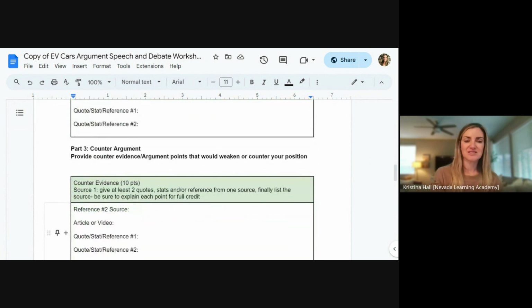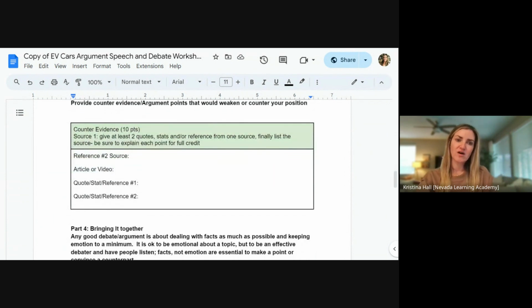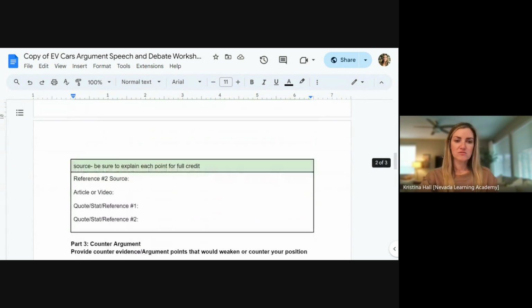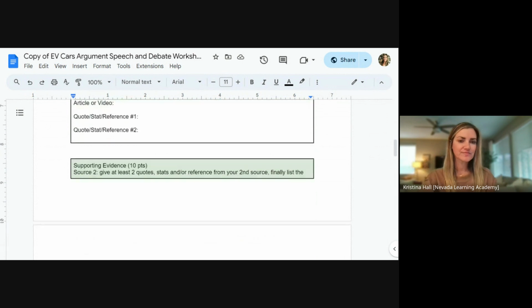And then the opposite side. So if you pick pro, do your two sources on pro, or showing pros from the pro-con sources. And then your counter would be con: pick one from the con list, reference that, and find details that would go against your argument or hurt it, or vice versa. So for con, look at the pro-con or the con sources, pull details from those about why you feel that way, what some disadvantages might be that you would highlight if you were debating this topic.